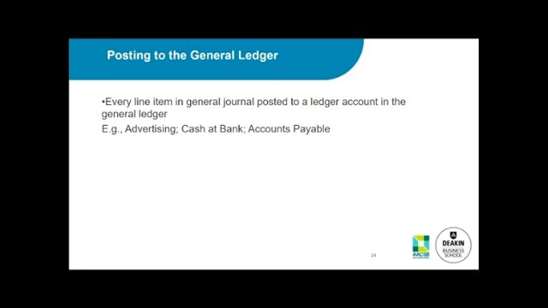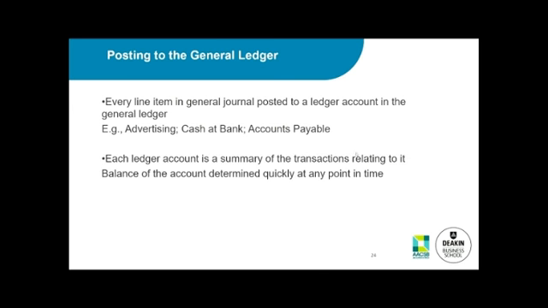And for every line item in your journal, you must have a ledger account entry. Doesn't matter what the item is, it's either going to be an expense, an asset, a liability, a revenue or an equity. So the ledger account effectively is a summary of all the transactions that have occurred during that accounting period.